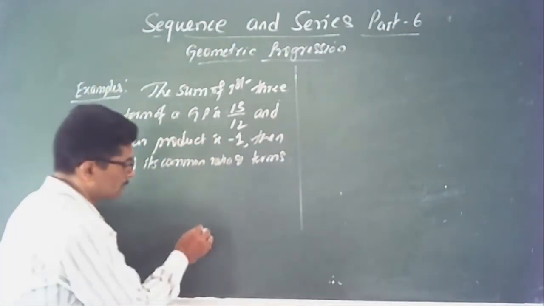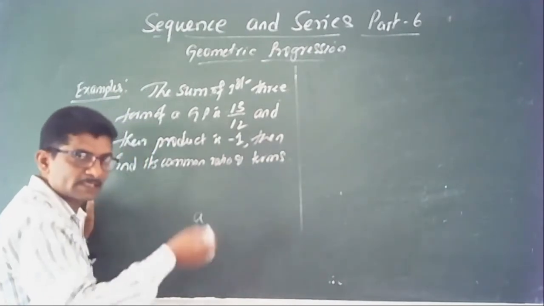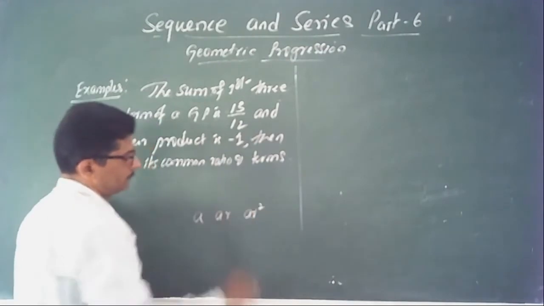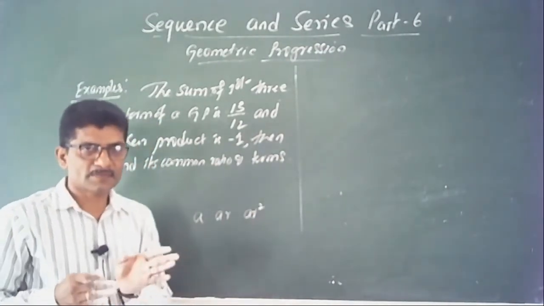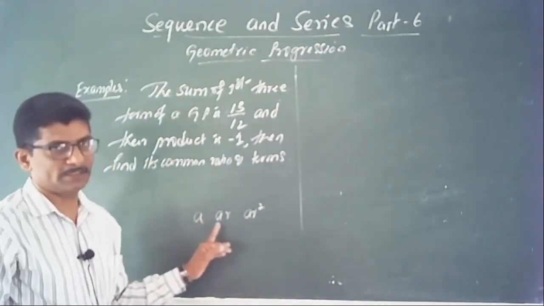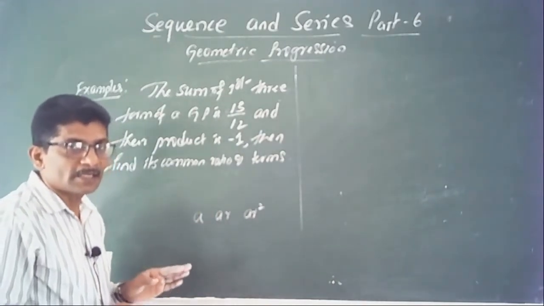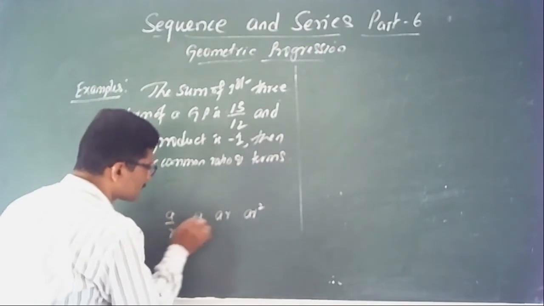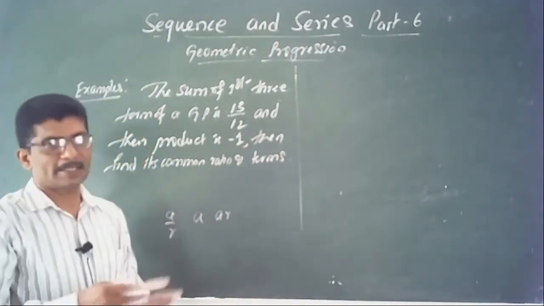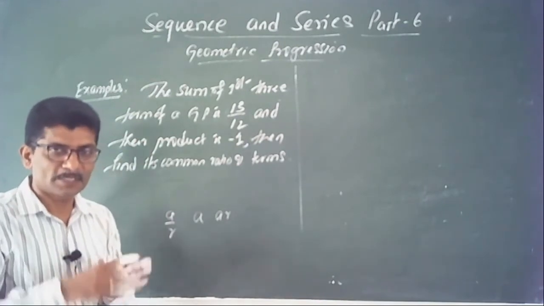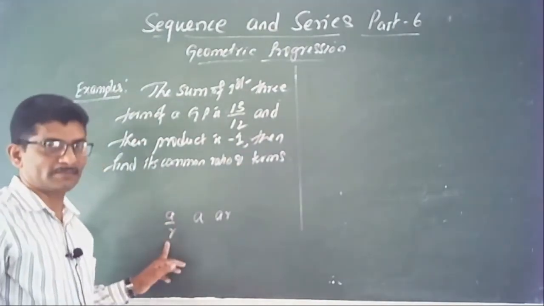Here actually you can take the first 3 terms as a, ar, ar square. These are the first 3 terms in a GP. If a is the first term, suppose you take a divided by r as the first term, the calculation is very easy. Here you take the first term of a GP not as a but as a by r.